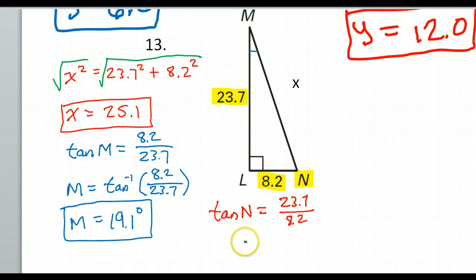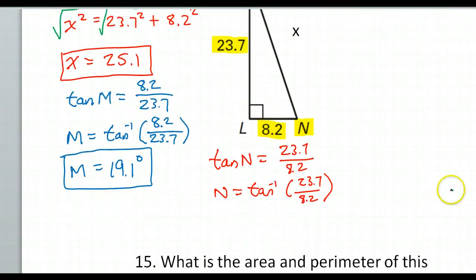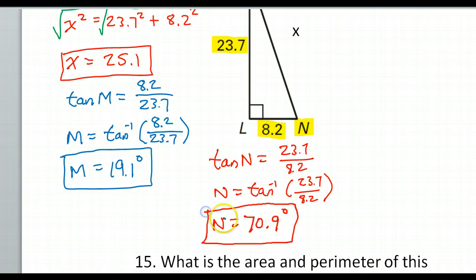And again, if I want to find N, that's going to be equal to the inverse tangent of 23.7 over 8.2. And once again, I can just put that in my calculator. So I am getting 70.9 degrees, which is the same thing I would have gotten if I just had done 90 minus 19.1.